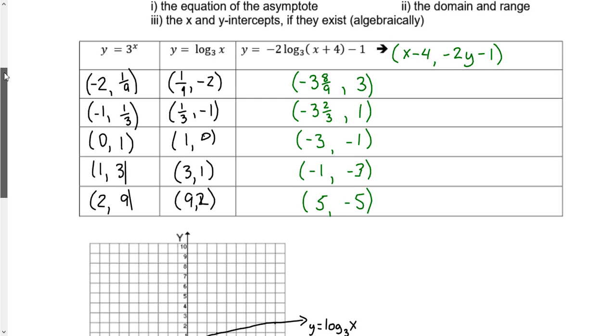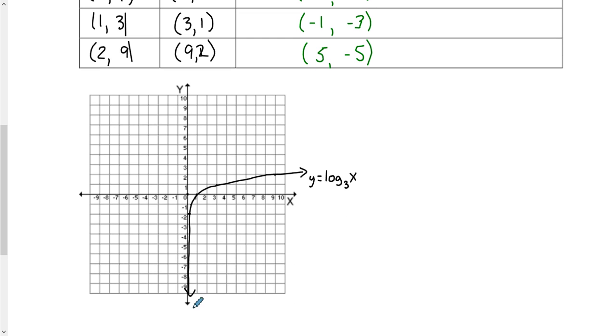So the asymptote, in this case, is no longer a horizontal like we're dealing with the exponentials. It's a vertical asymptote. This one. So for y equals log base 3 of x, the vertical asymptote is x equals 0.